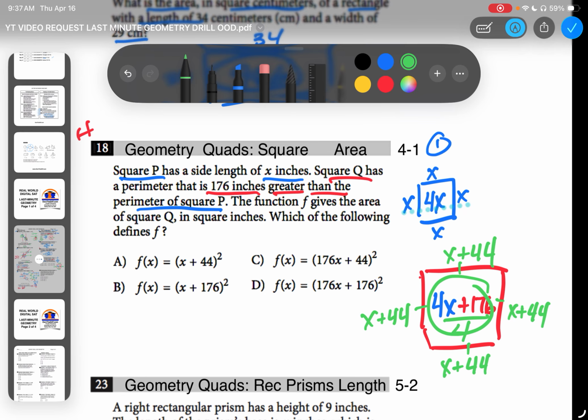And that would equal your 4x plus 176. Let's go into the question and make sure we know what we're doing. The function f gives the area of the square Q. So we have to figure out the area of square Q. Which of the following defines that area? Well, all we need to do is multiply one side by the other side, which looks like this is the answer. And that one is for sure.